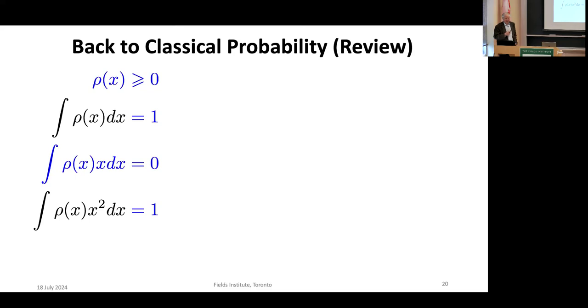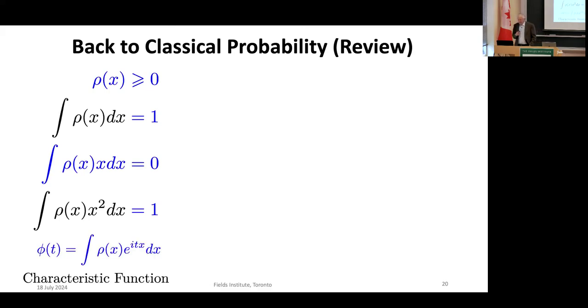That's a distribution, rho. Its first moment I'm assuming to be 0, and the second moment 1. That gives us the normalization. The Fourier transform in probability theory is called characteristic function, and it's the expectation or integral of rho times e to the itx.